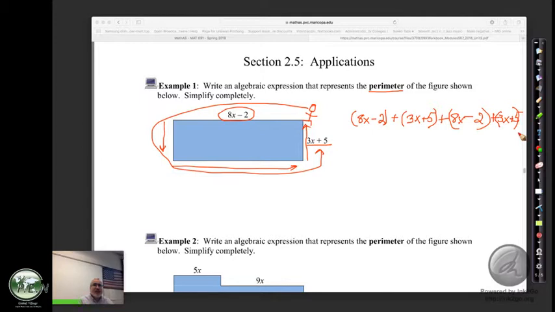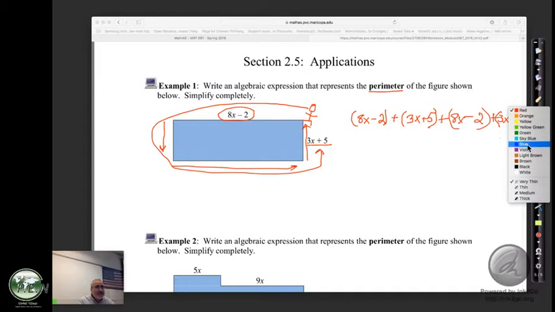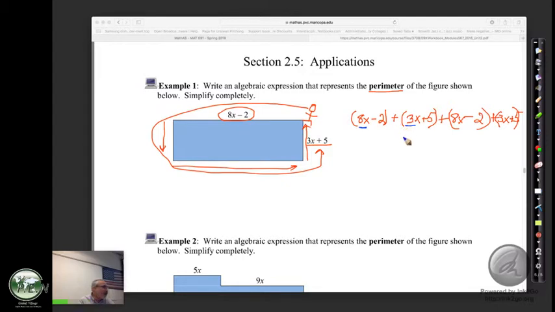So what's the job to do here, really? Simplify by adding the like terms. So I see something with an x, and realizing that the parentheses are really not needed, I just put them to group those things together. So you could just drop all the parentheses and add all the x stuff. So 8x plus 3x plus 8x plus 3x gives us 22x.